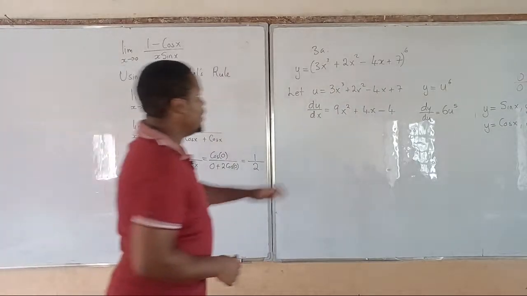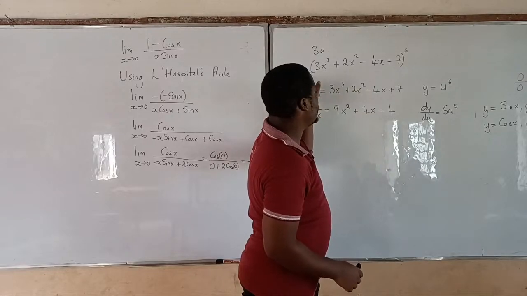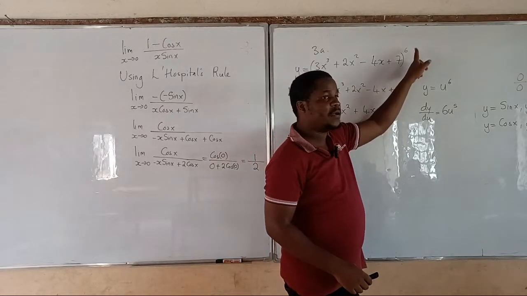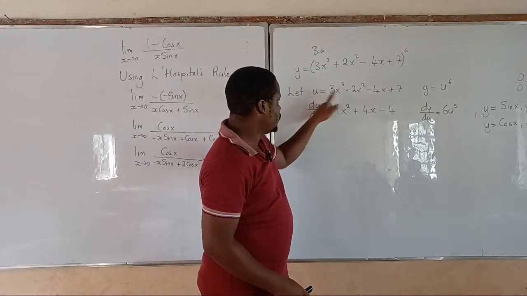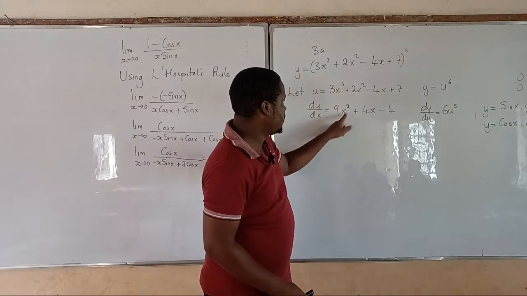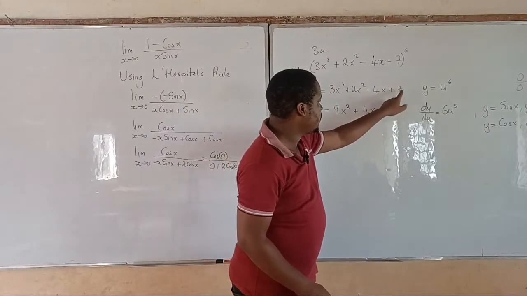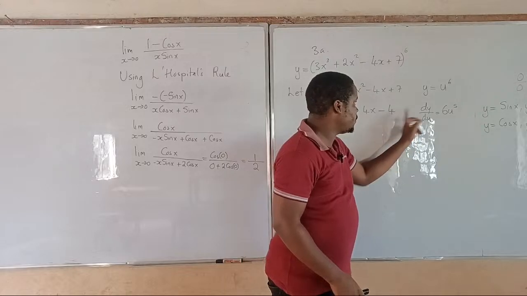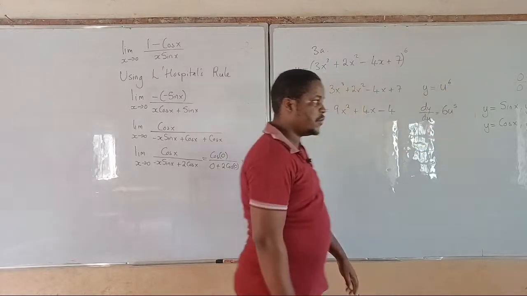That's the derivative. Is what I've done okay? Step number 1, I said let everything inside be equal to u, meaning y is equal to u to the power 6, which is what we have there. Then du/dx: that is 9x^2, 4x, and this is a constant, so it's 0, don't even write it. Differentiate there, the 6 goes there, subtract 1 from the 6, get a 5.